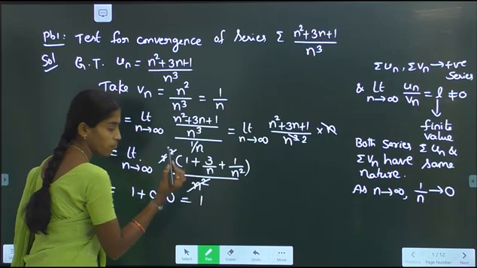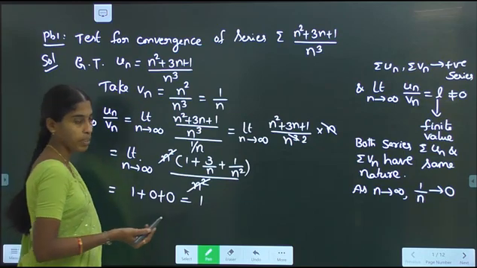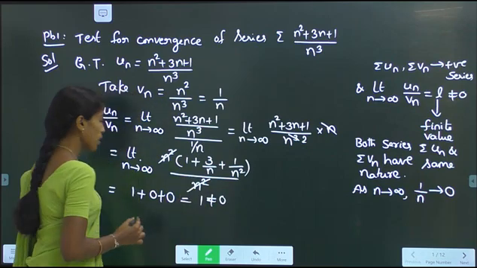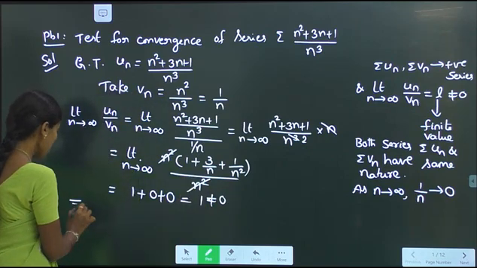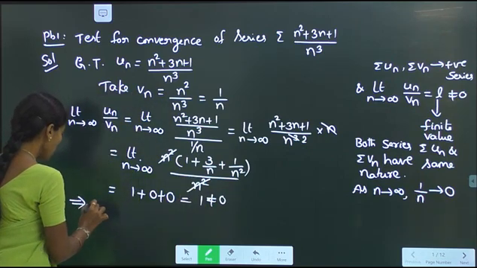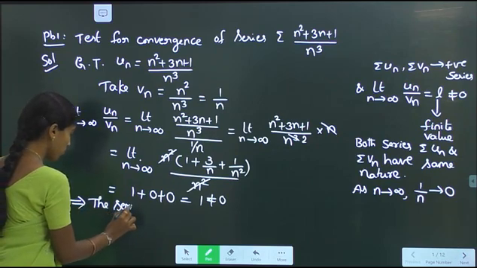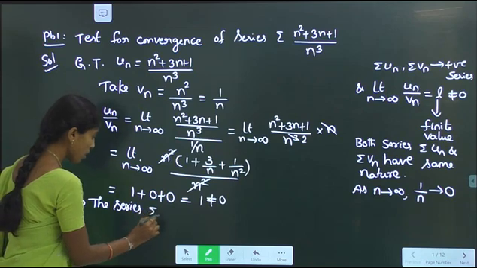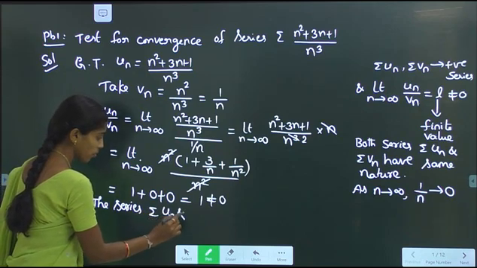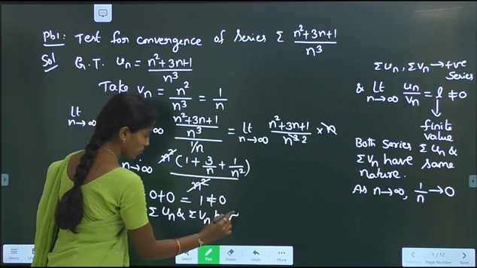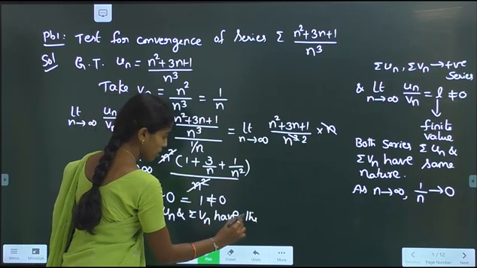Which is 1. 1 is a finite number. It is not equal to 0. So what is the conclusion? It implies the series sigma un and sigma vn have the same nature.